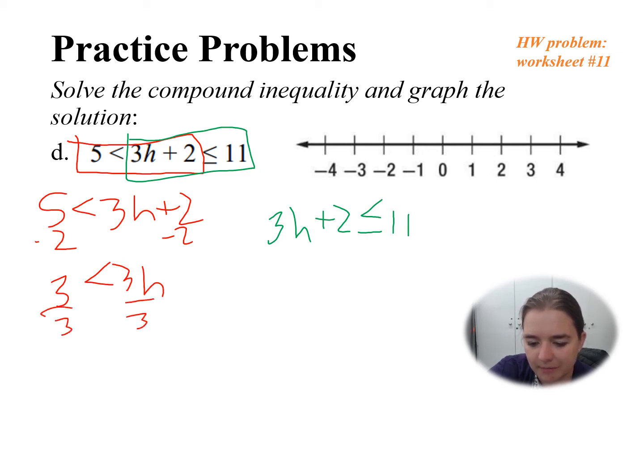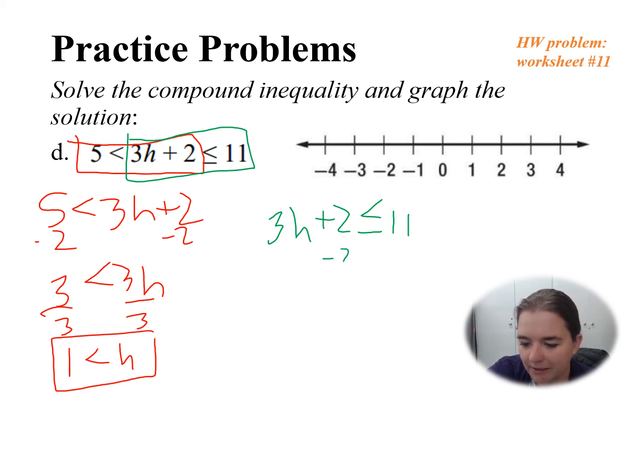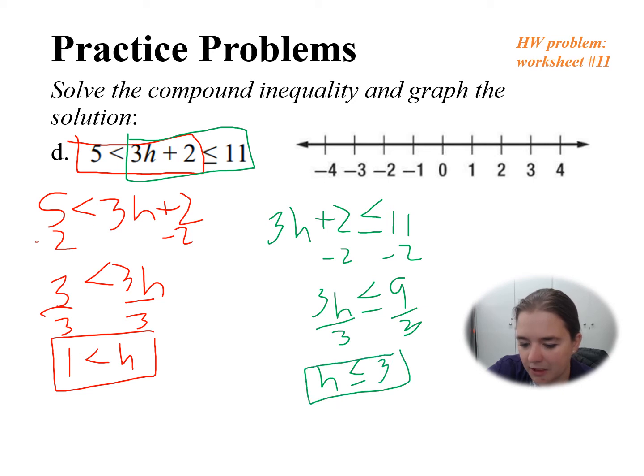Well, I'm dividing by a positive number, so nothing happens to my symbol, and I get 1 is less than h. For my green one here, I do the same process. I take away 2 from both sides, and I get 3h is less than or equal to 9. When I divide by a positive 3, my symbol stays the same, and I get h is less than or equal to 3.